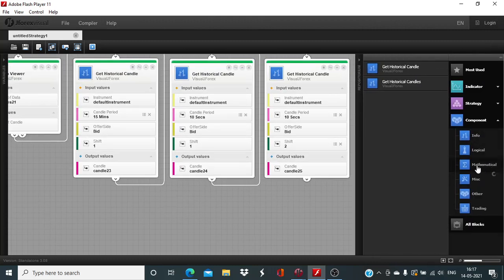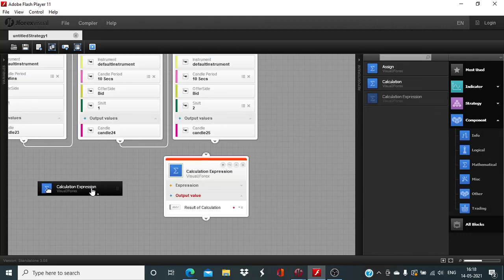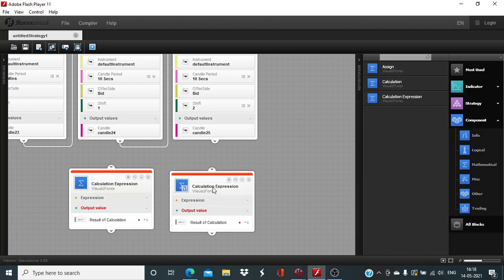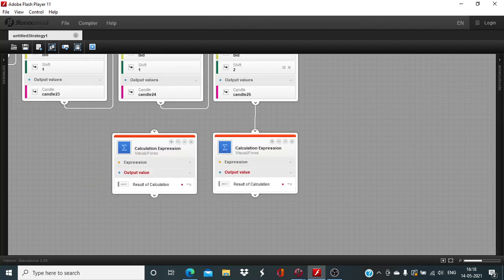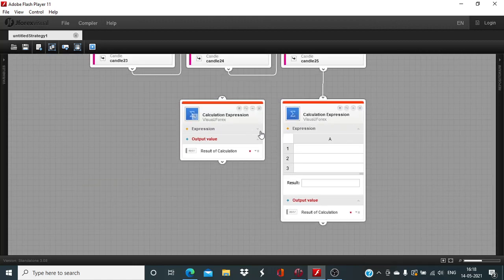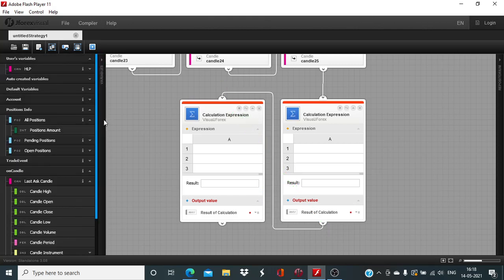So first thing first, we will have to define the preset price, preset difference, and it's simple thing to do.